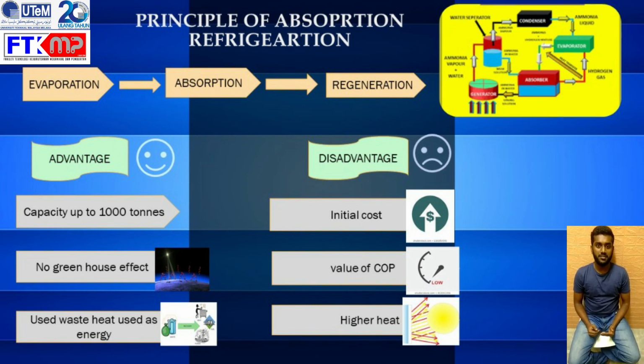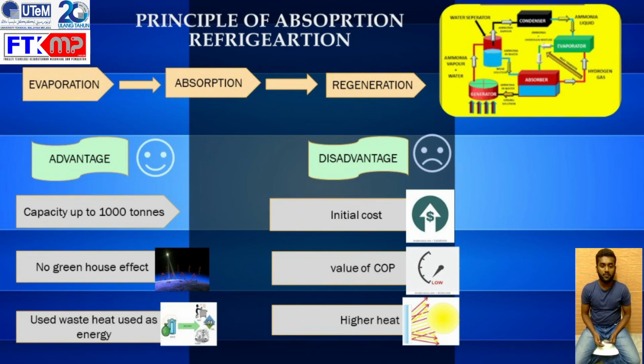Absorption means the gaseous refrigerant dissolves into liquid, reducing the pressure and allowing more liquid to evaporate. The last one is regeneration. The refrigerant-laden liquid is heated to evaporate it out. Then the condenser, through a heat exchanger, replenishes the supply of liquid refrigerant in the evaporator.